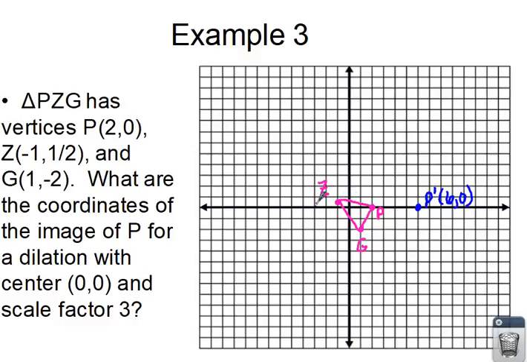So it goes to -3, 1 and a half, because it gets 3 times bigger. -3, 1 and a half. And then G is at 1, -2. So it goes to 3, -6. It's 3 times as big.